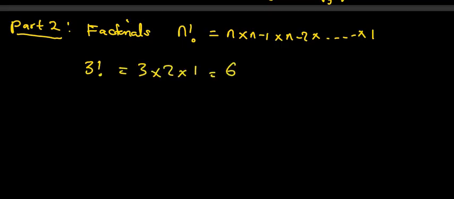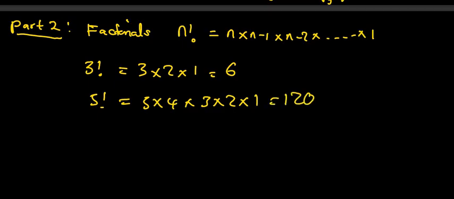This is going to be a 6. If I give you 5 factorial, you just write 5, 4, 3, 2, 1. This is 120. So we're saying if there are 3 things that you are given, the number of ways that you can arrange them is 6 ways. That's what they basically mean. This is the number of arrangements you can possibly have.